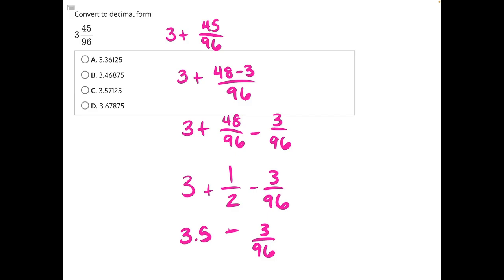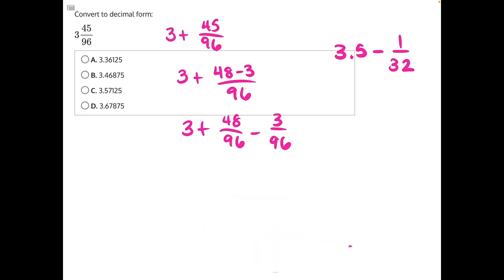And now we can simplify this one by factoring out the greatest common factor of 3. 3 divided by 3 would give us 1, and 96 divided by 3, I can do that in my head. 3 would go into 9 3 times evenly, and then 3 would go into 6 2 times evenly. So now we're looking at 3.5 minus 1 over 32.